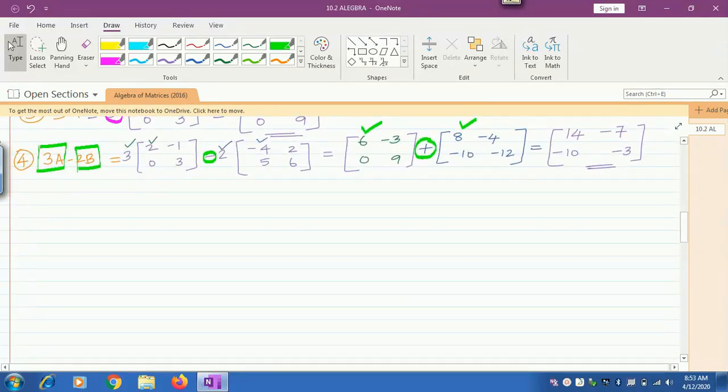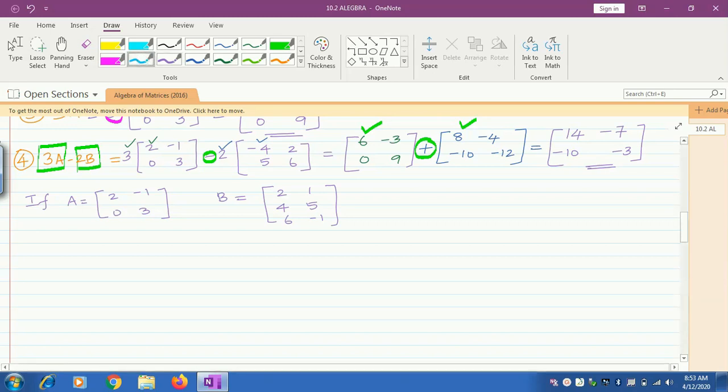Now we will take another problem. So this is the second one. If A is equal to minus 1, 0, 3 and the B matrix is equal to 1, 4, 5 and here 6, minus 1.